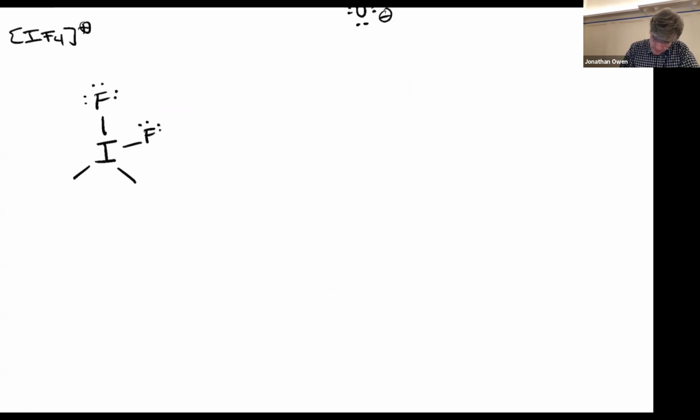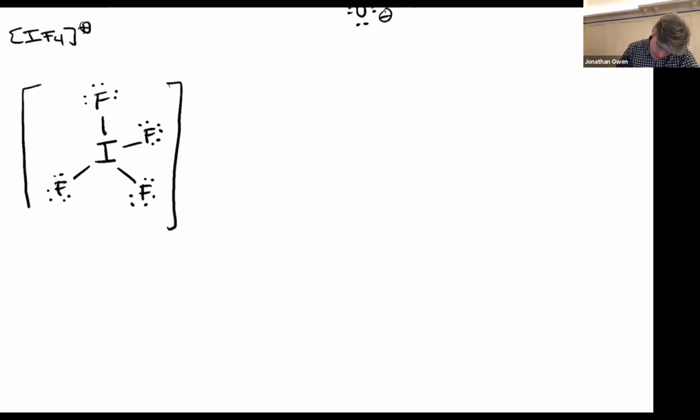Fluorines are kind of easy. You get a covalent bond and 3 lone pairs, or you can make them just minus and do the natural resonance theory thing. And I know this guy overall has got to be positively charged. Okay, so here's a neutral fragment.